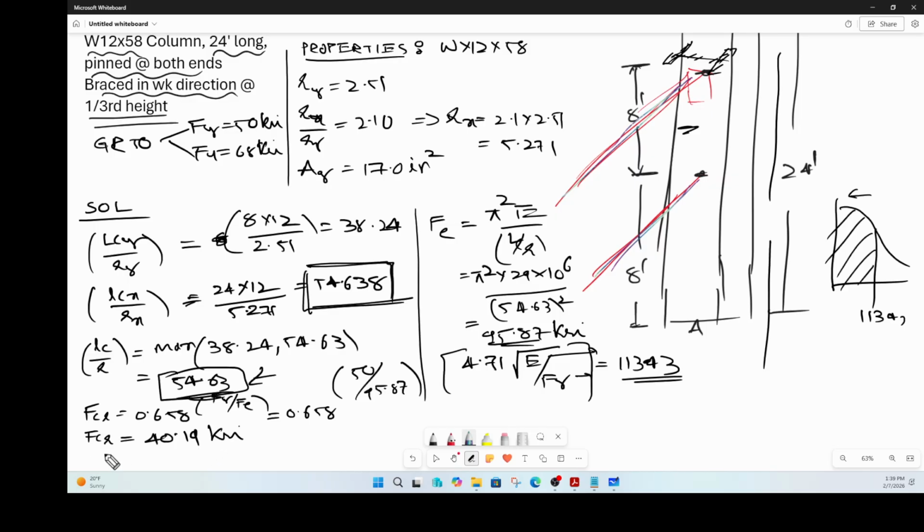Once you calculate Fcr, you calculate your phi Pn as phi times Fcr times A gross. Phi is 0.9, you know your Fcr, you know your A gross, substitute all those values and you will end up with 615 kips as the strength of the W12x58 column, which is governed by your LCx by r value of that much.